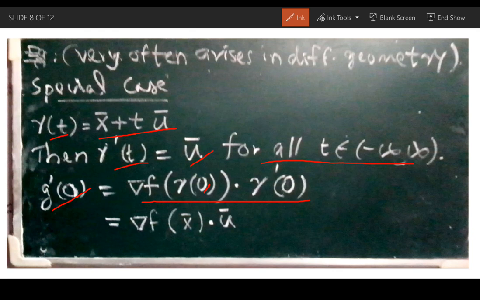You can think of a particle moving in Rn with respect to the time t, and when t equal to 0, the particle reaches the point x. So del f at the point x into what is gamma dash of 0? Gamma dash of t is u for all t, so gamma dash of 0 is again u. So g dash of 0 is del f at the point x inner product with u.